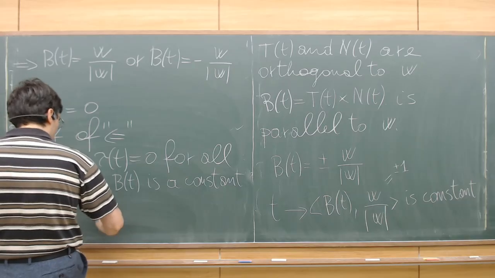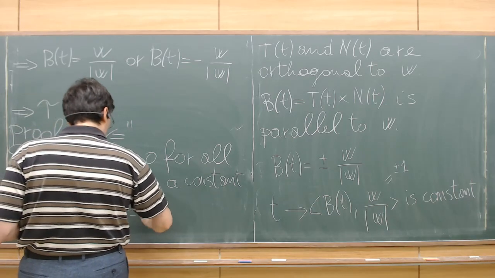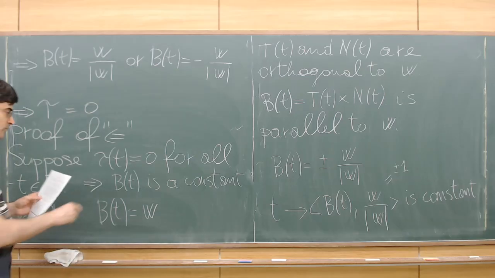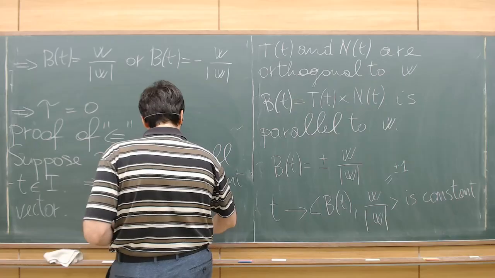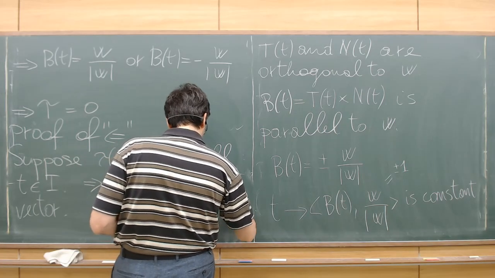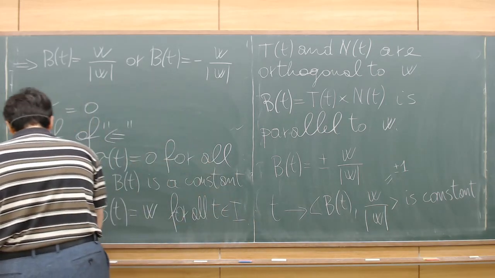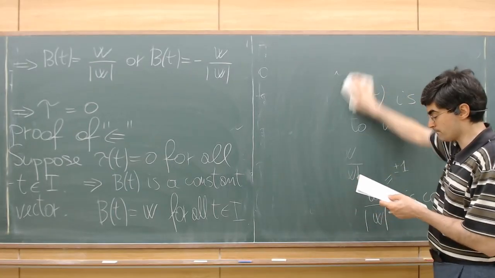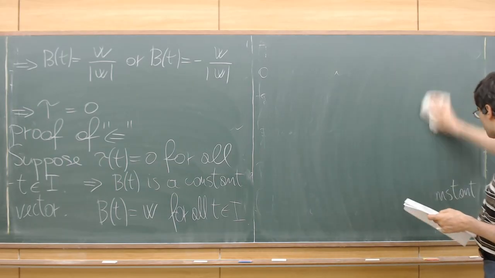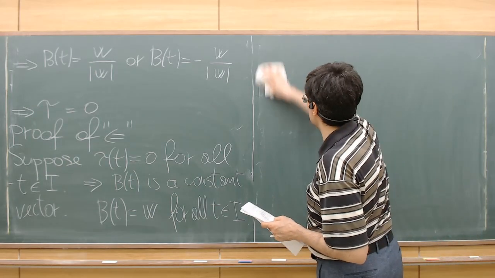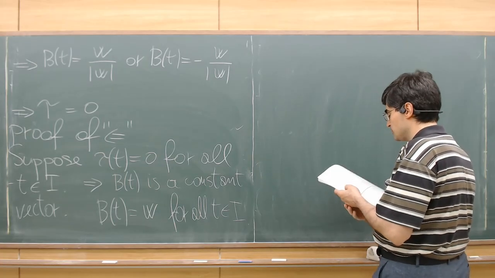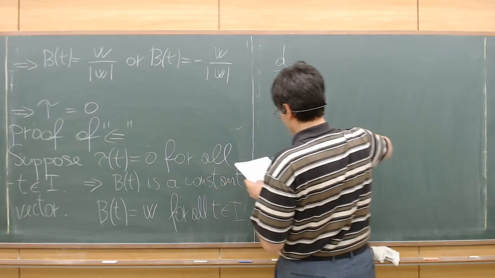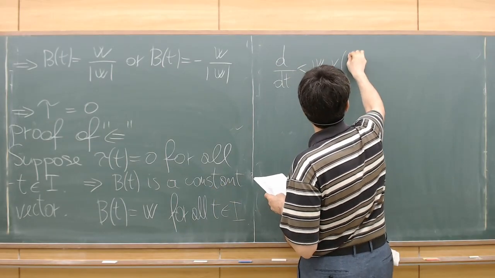For example, we can write B(t) equal to w for all t in I. Okay, now let's compute d/dt of the inner product of w and gamma(t).